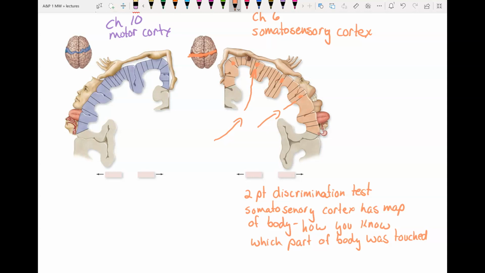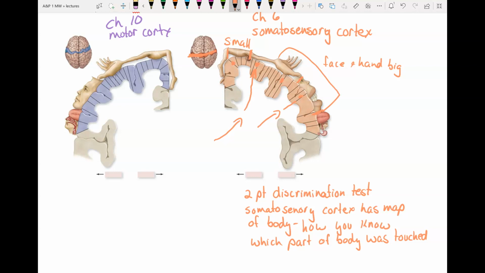Now notice the sizes. The face and the hand are really big. And notice the arm, the torso, the rest of the body is pretty small. According to your somatosensory cortex, your face, look at the size of the face, is bigger than your whole torso put together. It's not that your face is actually bigger, but remember how you learned about the distance between sensory receptors?